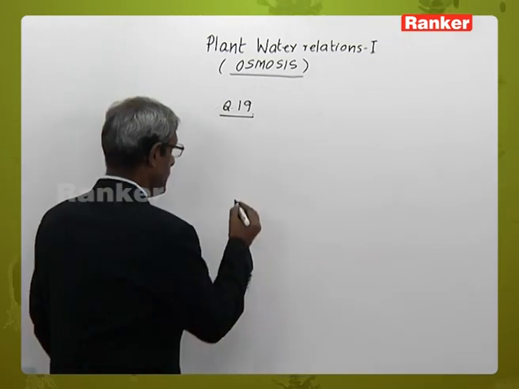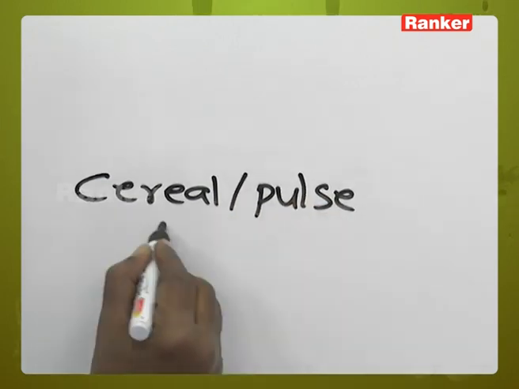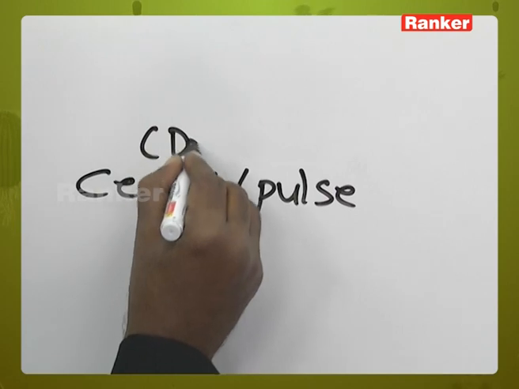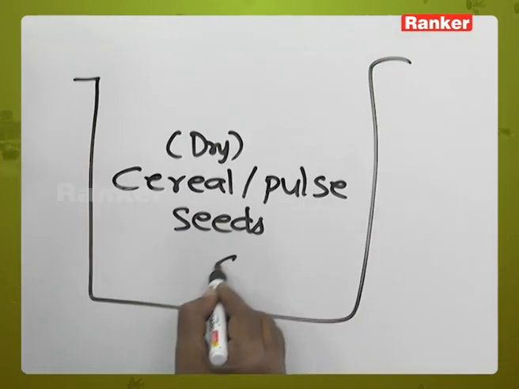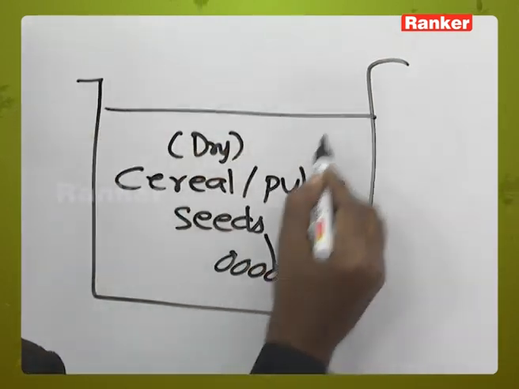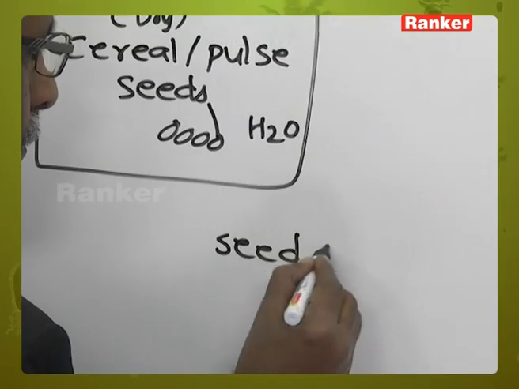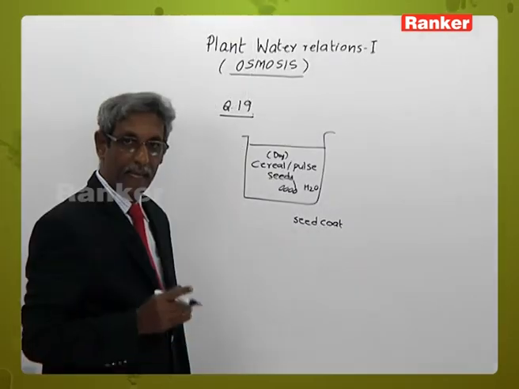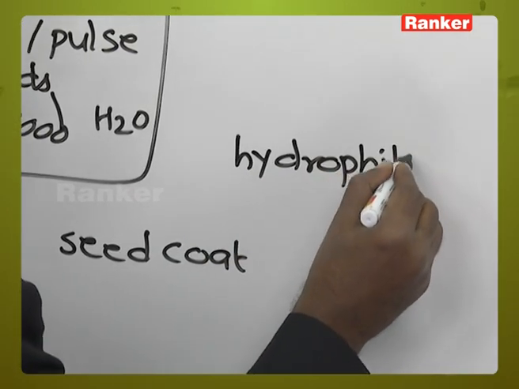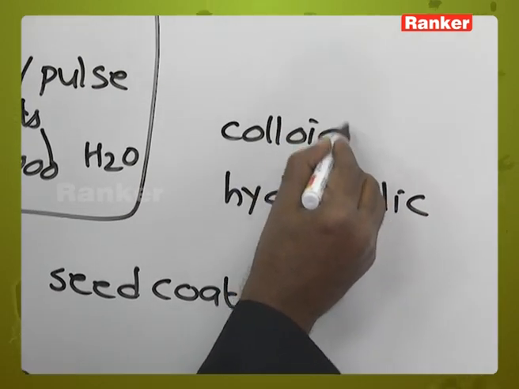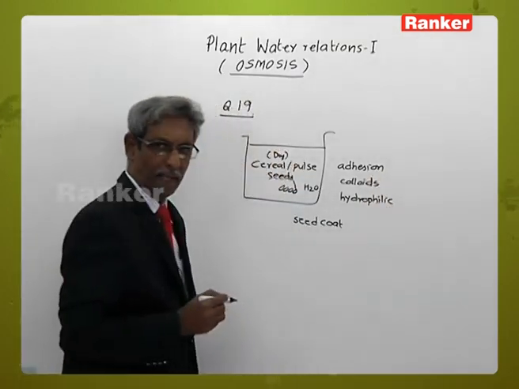When you take dry seeds, especially if you take cereal seeds or pulse seeds which are dry, and you place them in a beaker of water, the seed coat can take in a little bit of water because it is hydrophilic, because they are rich in colloids, and it causes adhesion of particles.